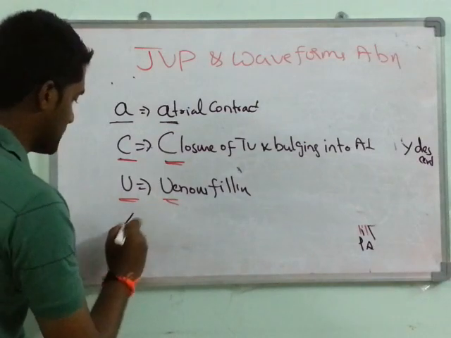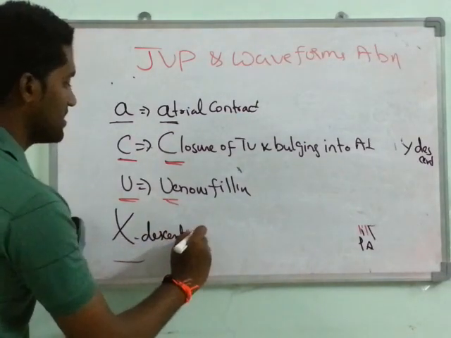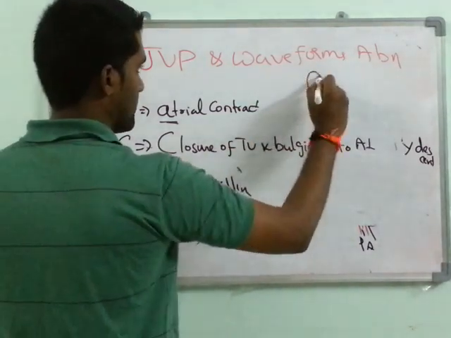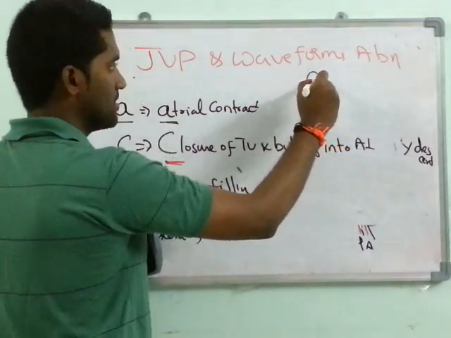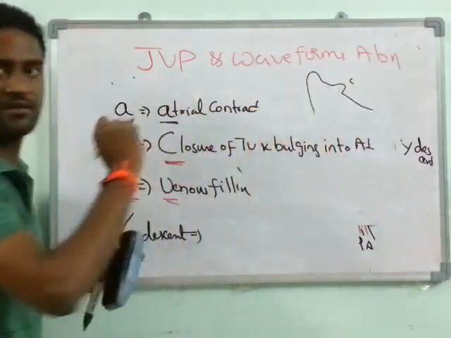Now the X descent. Initially this is the A wave and there is a descent, it is interrupted by the C wave and again it continues as the X descent.